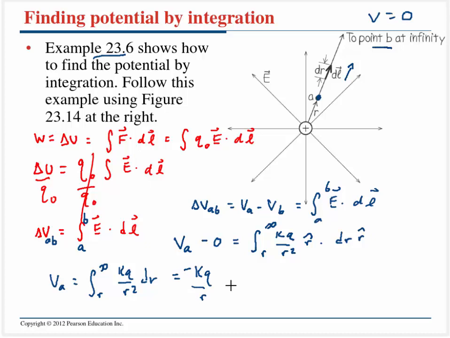We're going to evaluate this at r and infinity. If I evaluate it at infinity, I know that it's going to be equal to 0. So what I'm left with is 0 minus negative kq divided by r, and it's simply going to be equal to kq divided by r, which is what I expect it to be.